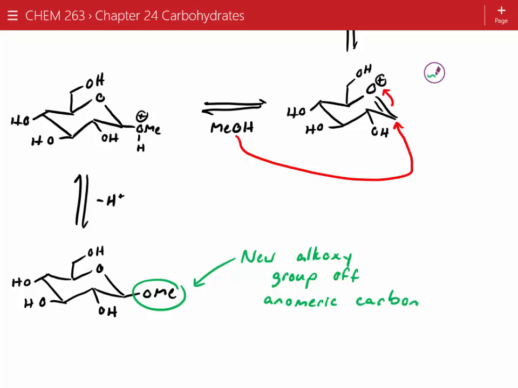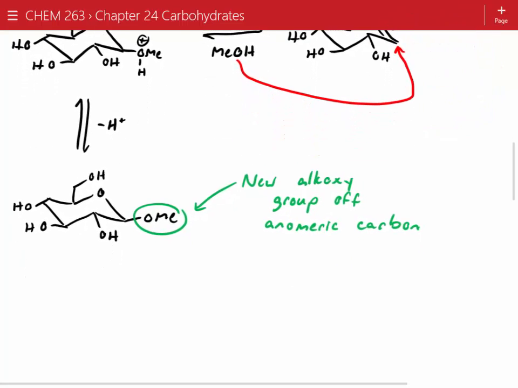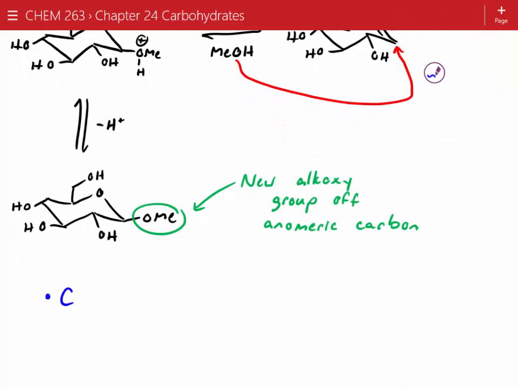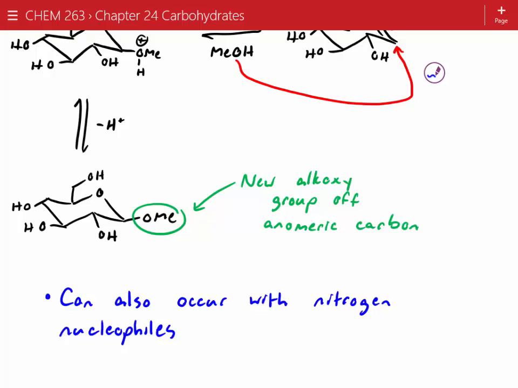So in this case, I showed methanol attacking in. It can occur with longer alcohols or nitrogen nucleophiles. So let's make a note of that. And when you react these with nitrogen nucleophiles, they are called N-glycosides.